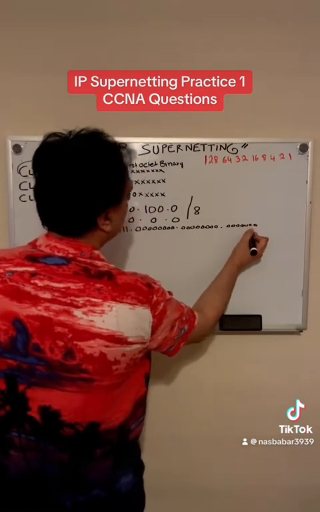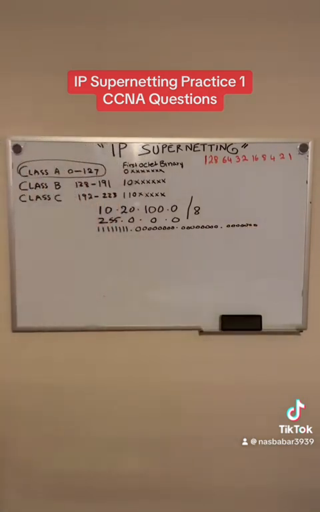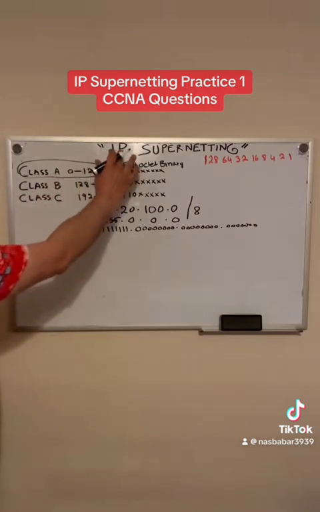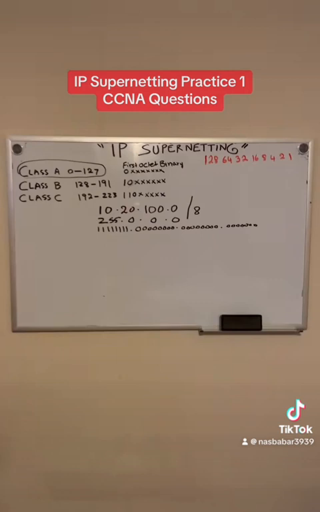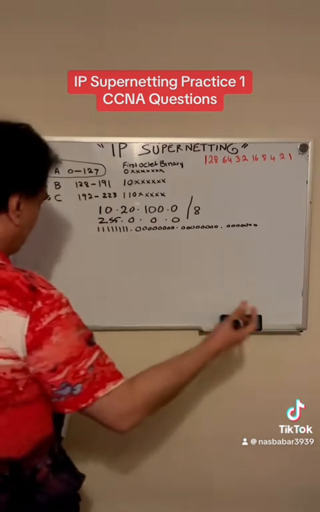Okay? So now the plan over here is to do IP supernetting and derive class B supernets from that.